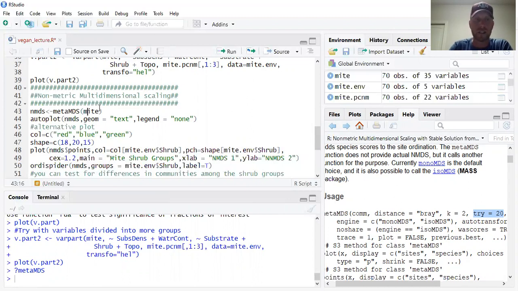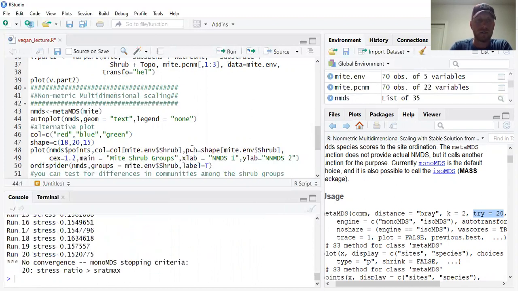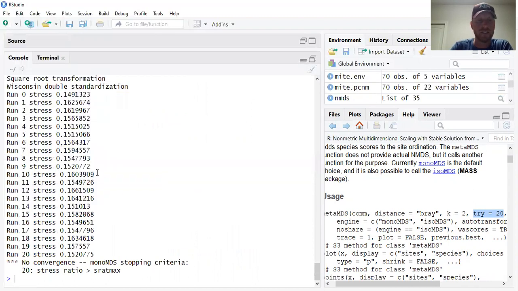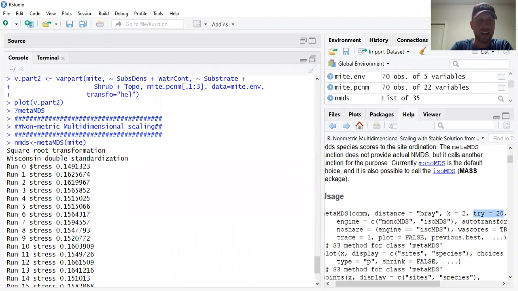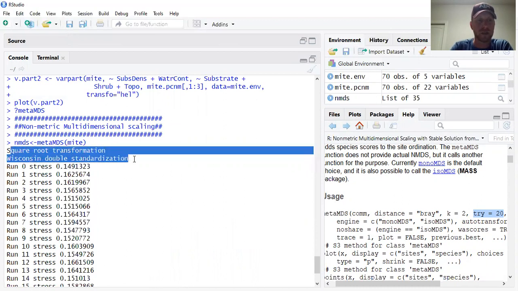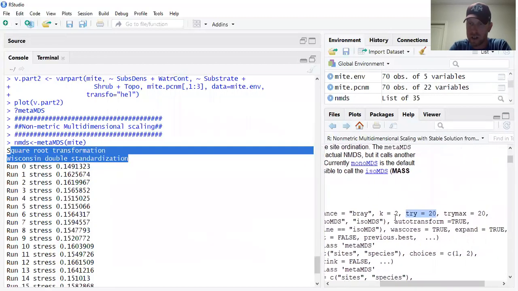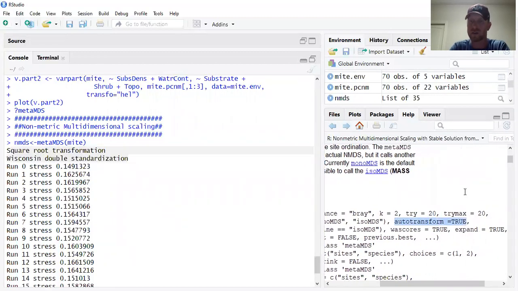But to run it, notice that you really only need to call metaMDS on a community matrix. So I'm going to hit run on that. And what I want you to notice, it went really fast, but first of all, notice it does a square root transformation and Wisconsin double standardization. It's automatically transforming the data. And so if you go back over here to some of these defaults, notice this autotransform equals TRUE.